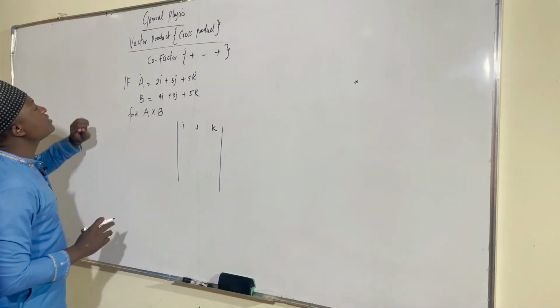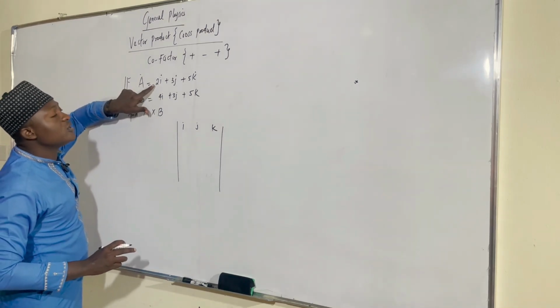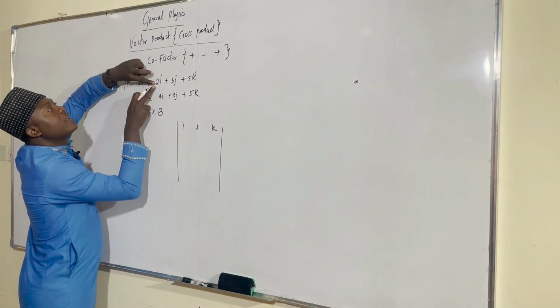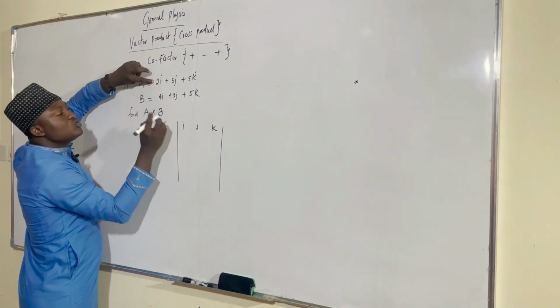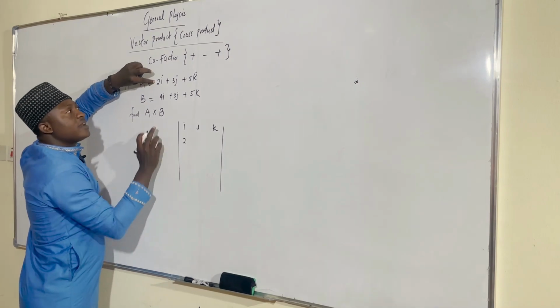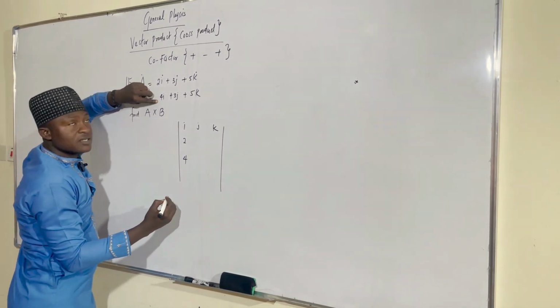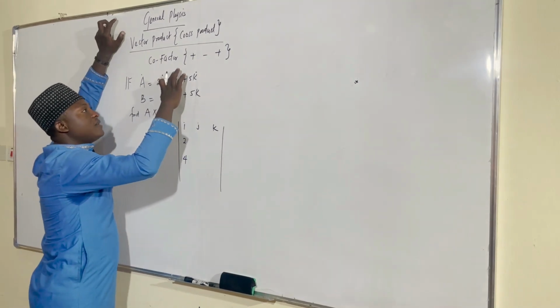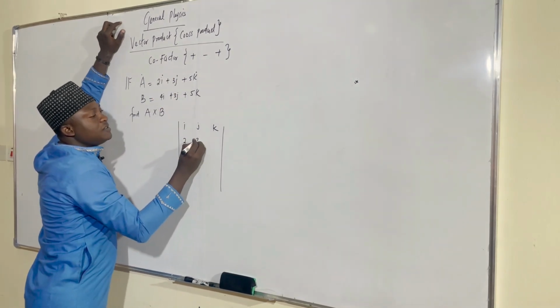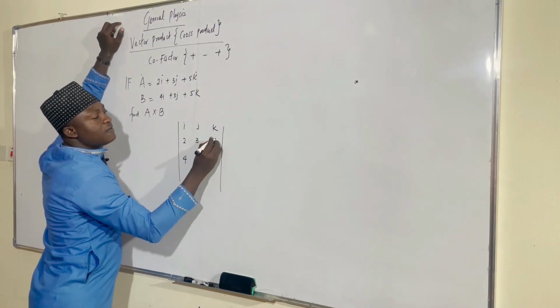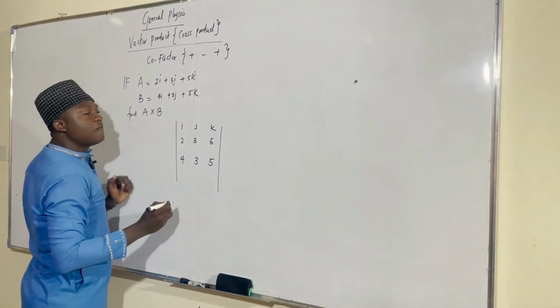In the problem, the numbers that have i are 2 and 4: under A, the one with i is 2, and under B, the one with i is 4. The same applies to j: we have 3 and 3. For k as well, we have 5 and 5.